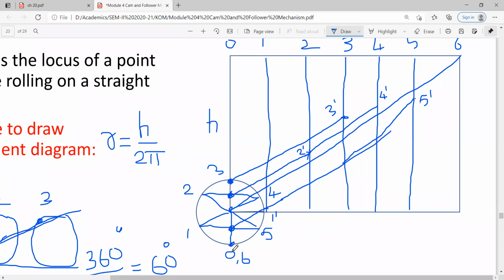Then point 6, I think we have numbered it wrongly. Point 6 will not come here, point 6 should come here, so we have to renumber it. I think some mistake has been done, I will correct it.